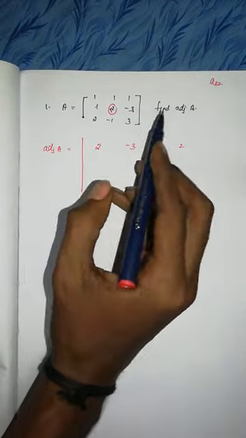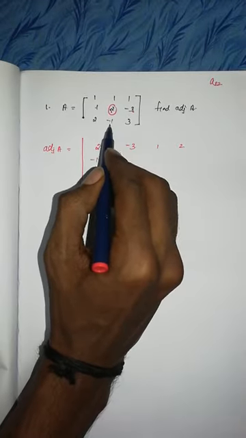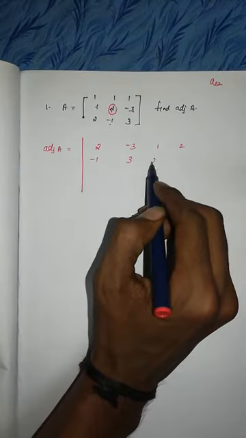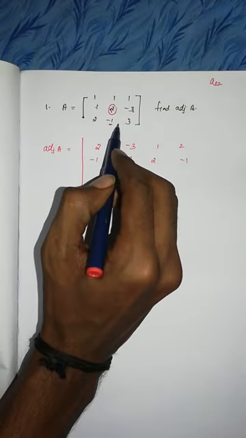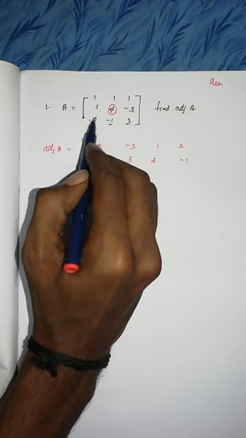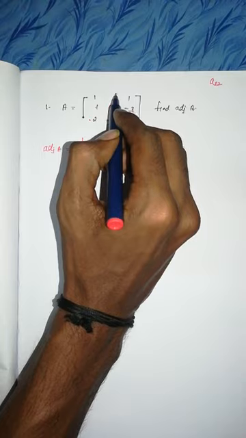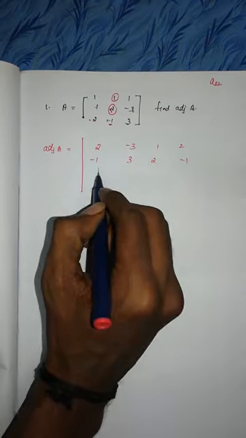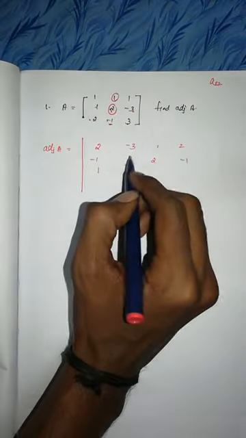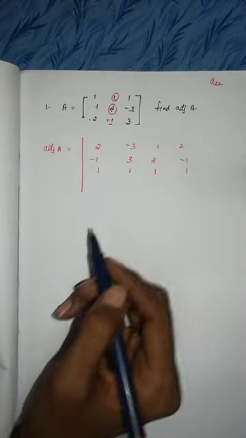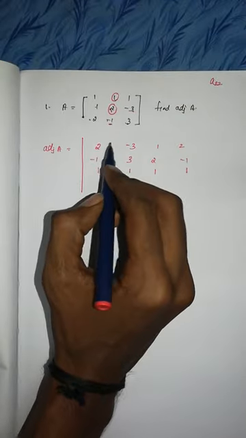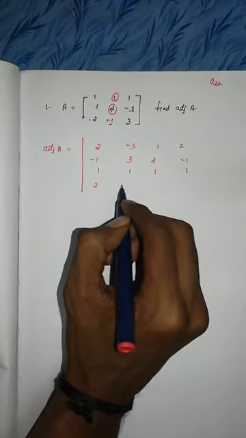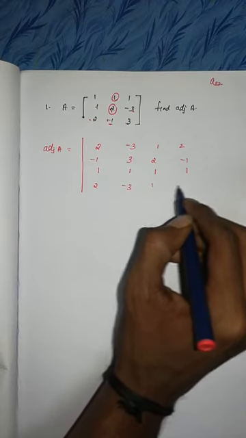Then again take the next row: minus 1, 3, 2, minus 1. And you go to the first row, which is 1, 1, 1, 1, and again end with the same numbers, which are 2, minus 3, 1, 2.